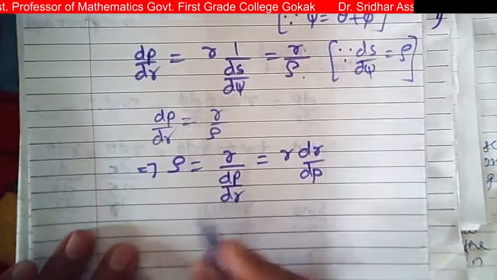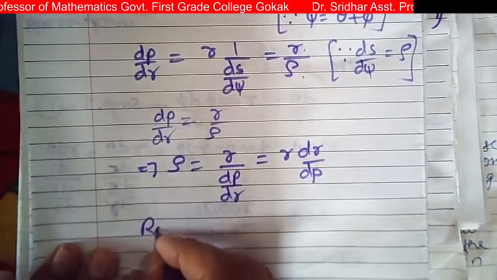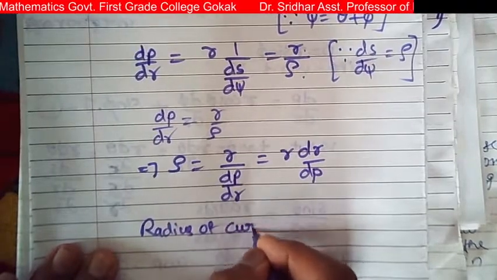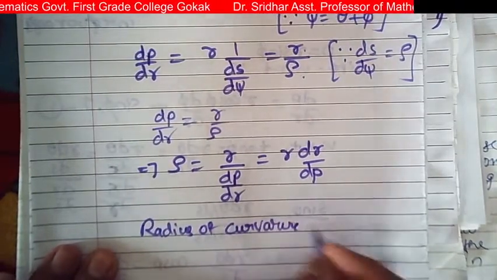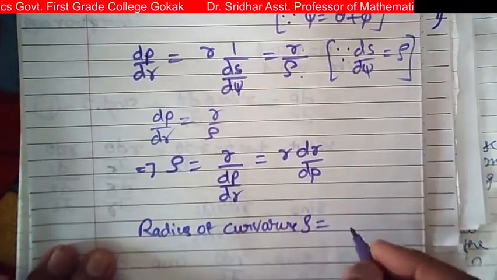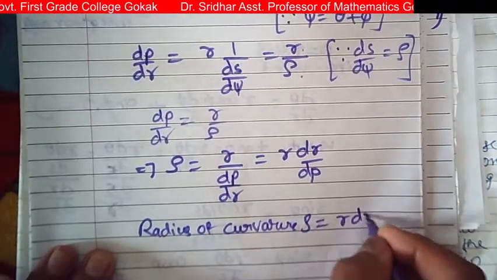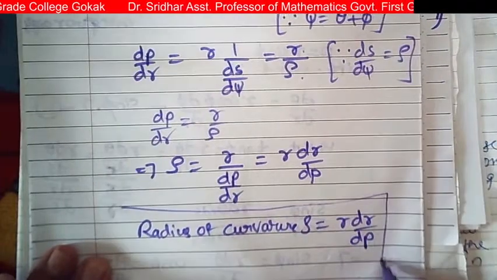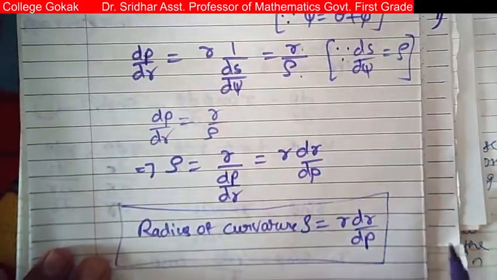So rho is equal to r into dr by dp. This is the radius of curvature in pedal form.